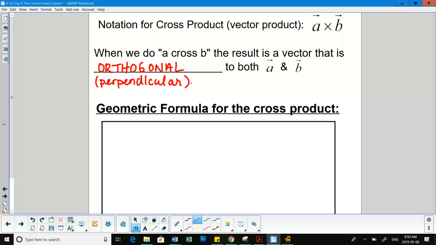Okay, and this result is not only perpendicular to one of the vectors, but it's actually perpendicular to both vectors that we cross. So if I have two vectors in space here, these could be arranged in any way, my trusty cup of vectors. My third vector is actually going to be the one that's perpendicular to both of these things. So it's going to give me one like this. So no matter where this vector is, it's going to be perpendicular to both of them, this cross product vector that we get. Okay? All right.